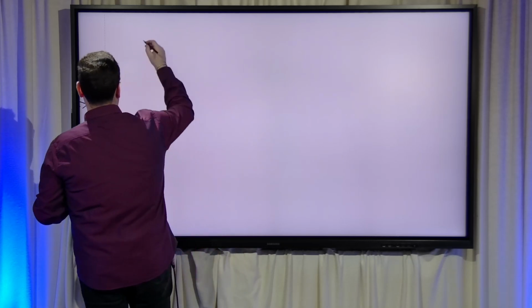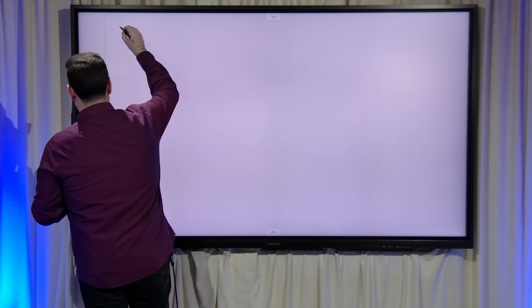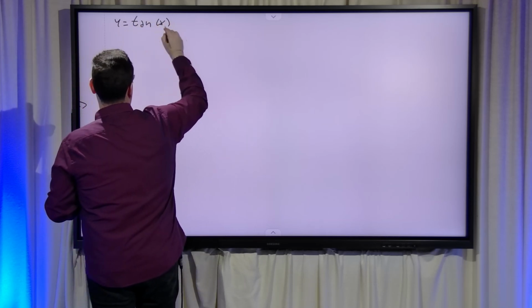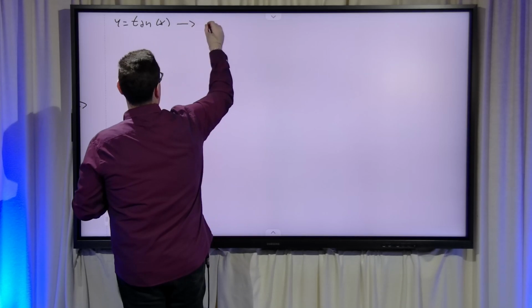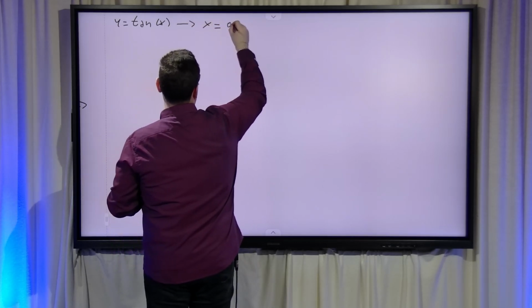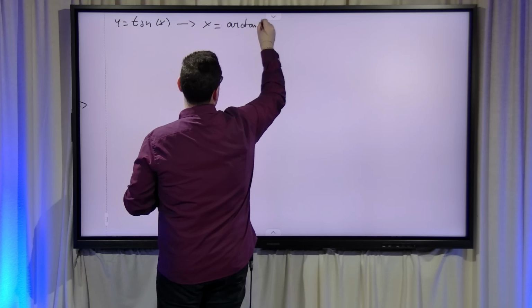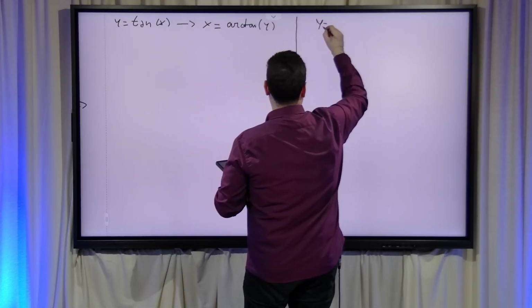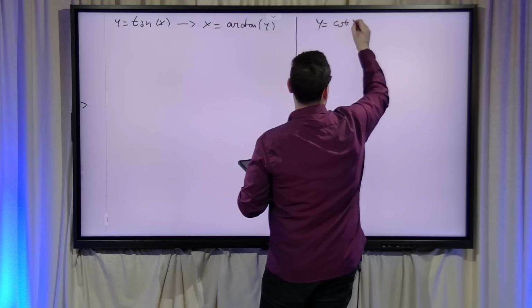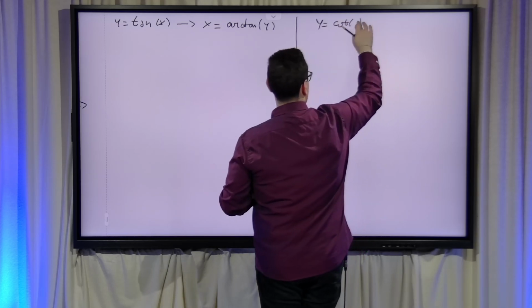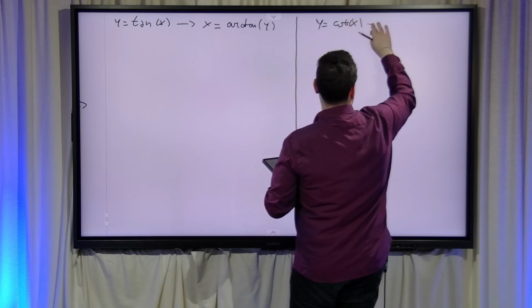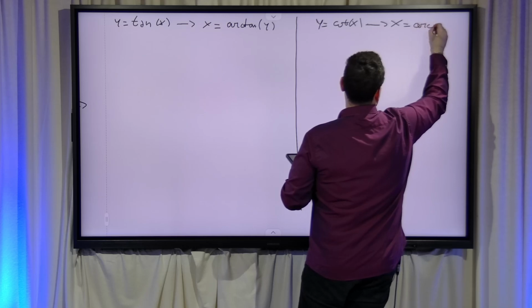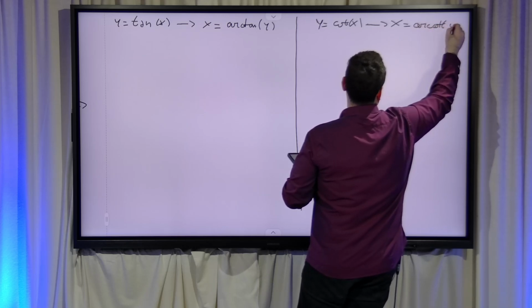Let's do it quickly for both tangent and cotangent. So I'm getting x as the arctangent of y, and I'm getting x as the arc cotangent of y.